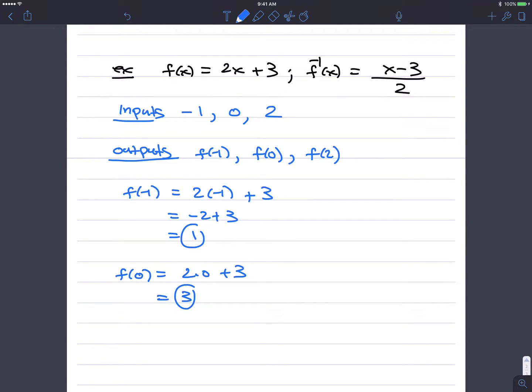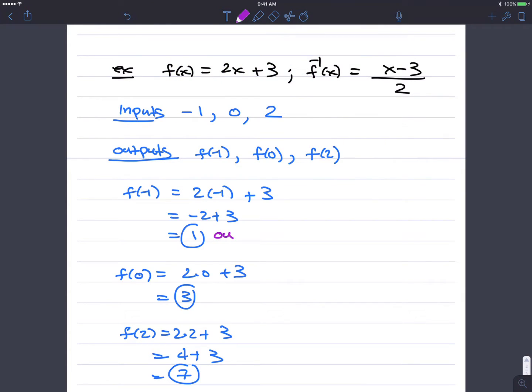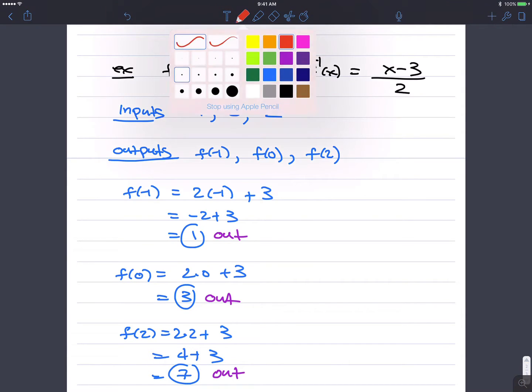And then we have f of 2 being 2 times 2 plus 3, which is 4 plus 3. And you're right, that equals what? 7. So these are all, again, output values. Is that right? Or I should say apple juice, beet juice, pear juice. Okay, let's kind of write that down next to it.